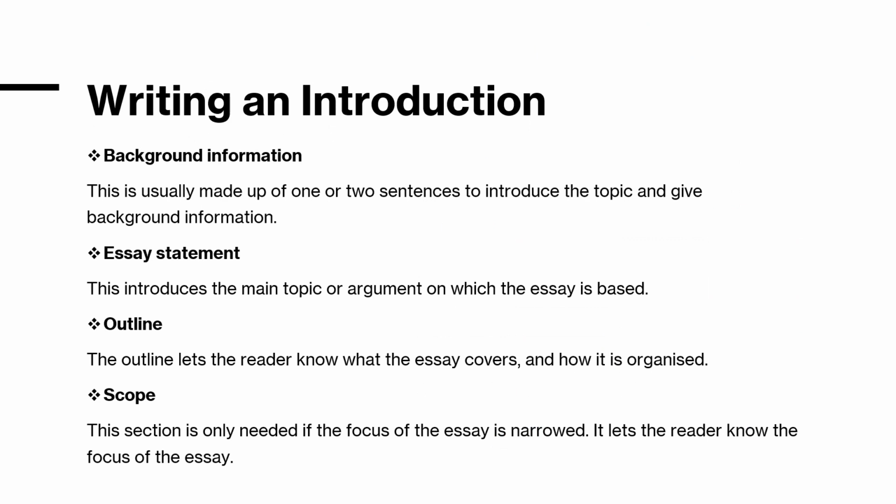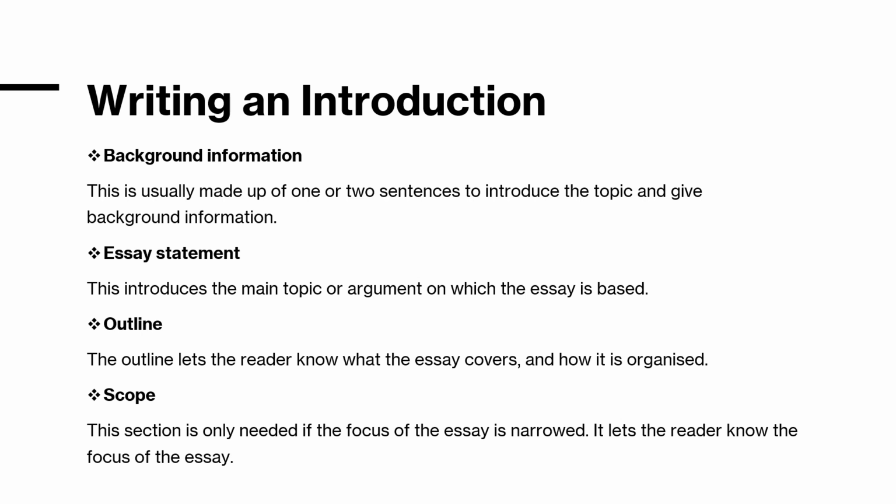So, writing an introduction. An introduction should include the following. The introduction should include background information, which is made up of 1 or 2 sentences to introduce the topic and give background information. Then there's an essay statement.